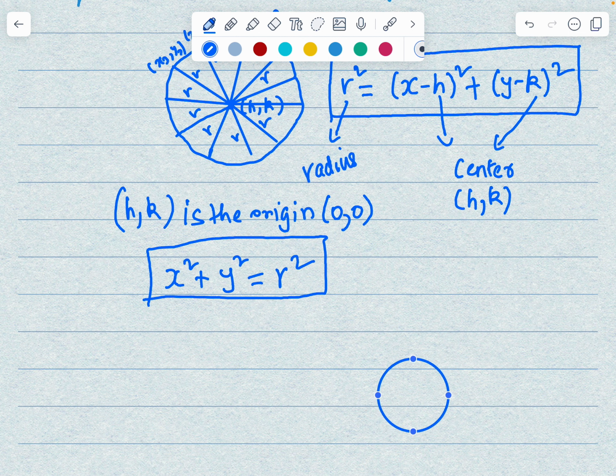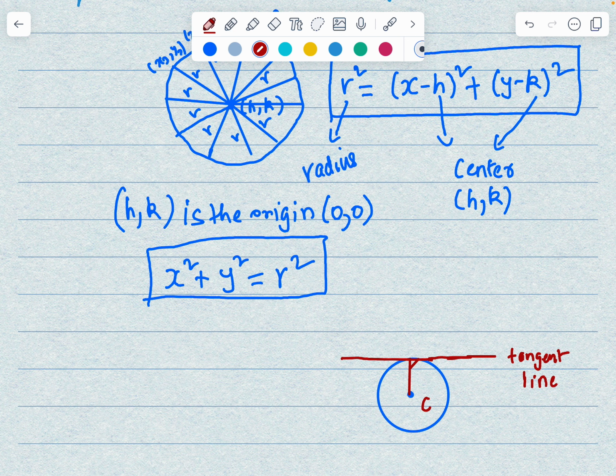If you have a circle and this is the center C, and you have a tangent line here, the theorem states that a line tangent to a circle is perpendicular to the circle's radius.